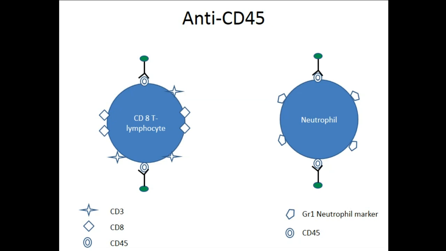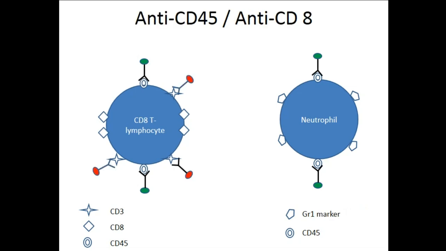The next step is we want to differentiate between a lymphocyte and a neutrophil. So we add an antibody that will bind to CD3. Now you can see the lymphocyte now has antibodies bound to its CD3, but the neutrophil has no CD3. So there is no signal for the neutrophil.